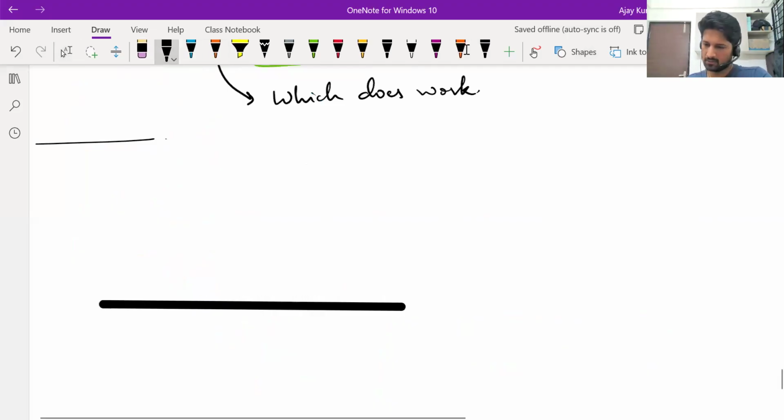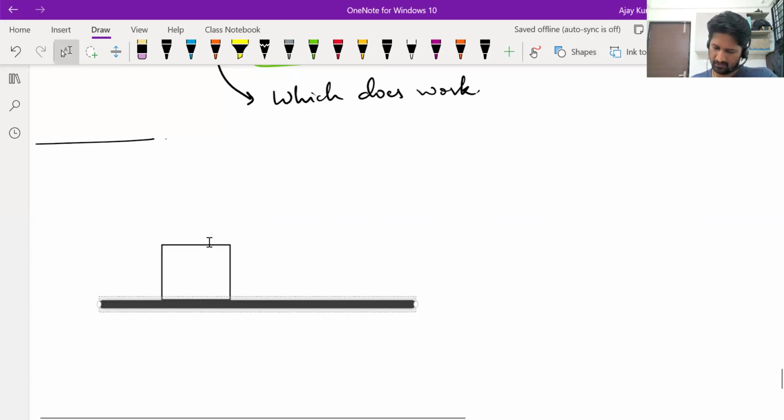Assume a block is placed on the floor. Very recently we had covered friction also, so I'm sure you are all in touch with the formula. Tell me the formula for kinetic friction.